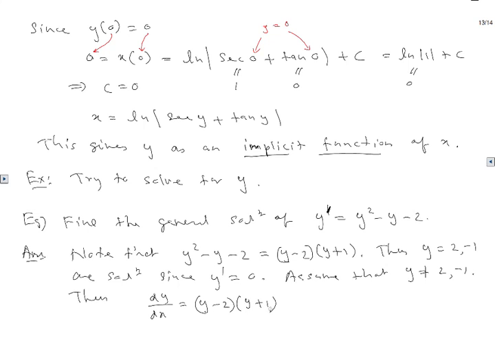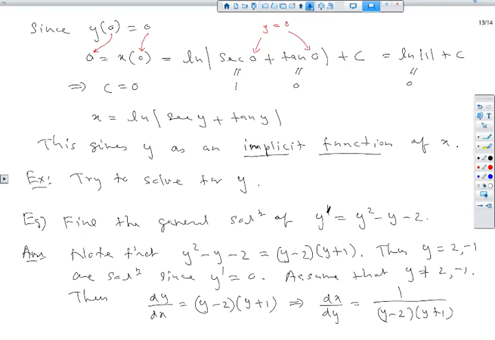Now we can make it upside down, and you're going to get dx over dy equal 1 over (y minus 2)(y plus 1). Now you can see this is just type 2, so we can integrate both sides with respect to y. So let's do that.